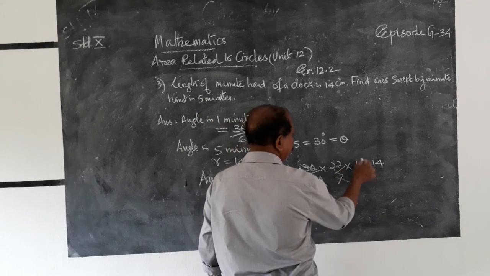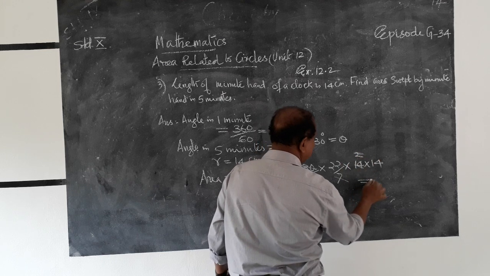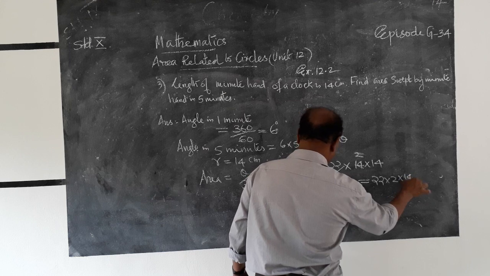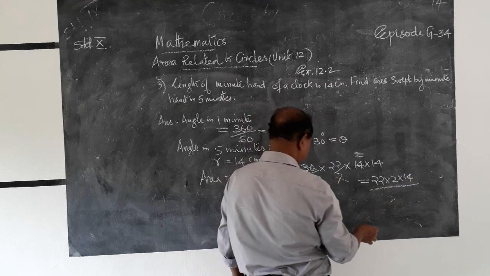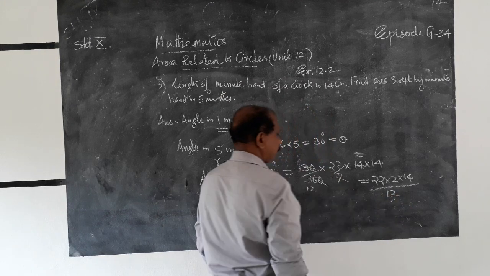Then 7 and 14, 2. That is equal to 22 into 2 into 14 by 12.